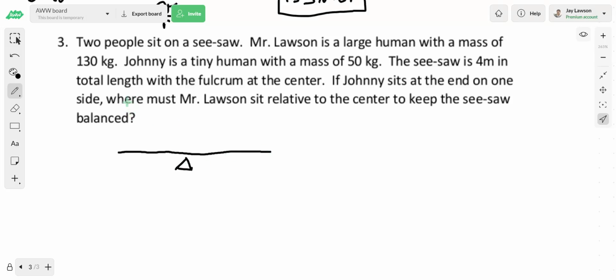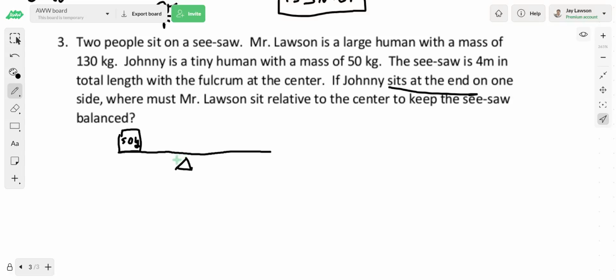There's my seesaw. We're told that Johnny sits at the end of one side. So I'm going to put Johnny over here. And Johnny we're given to have a mass of 50 kilograms. Notice it gives it in kilograms and not newtons. It's not a force. These are masses.